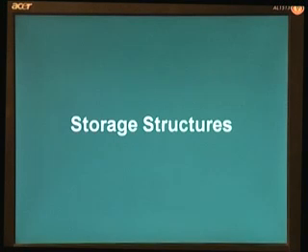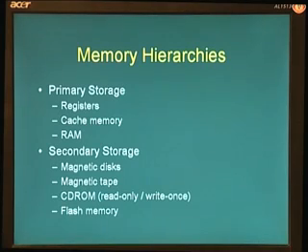In order to understand storage structures, one of the first things we need to understand is what might be termed as the memory hierarchy. When we talk about storage or storing data, the first question we need to ask is, where is data stored? There are different kinds of devices which are capable of storing data.